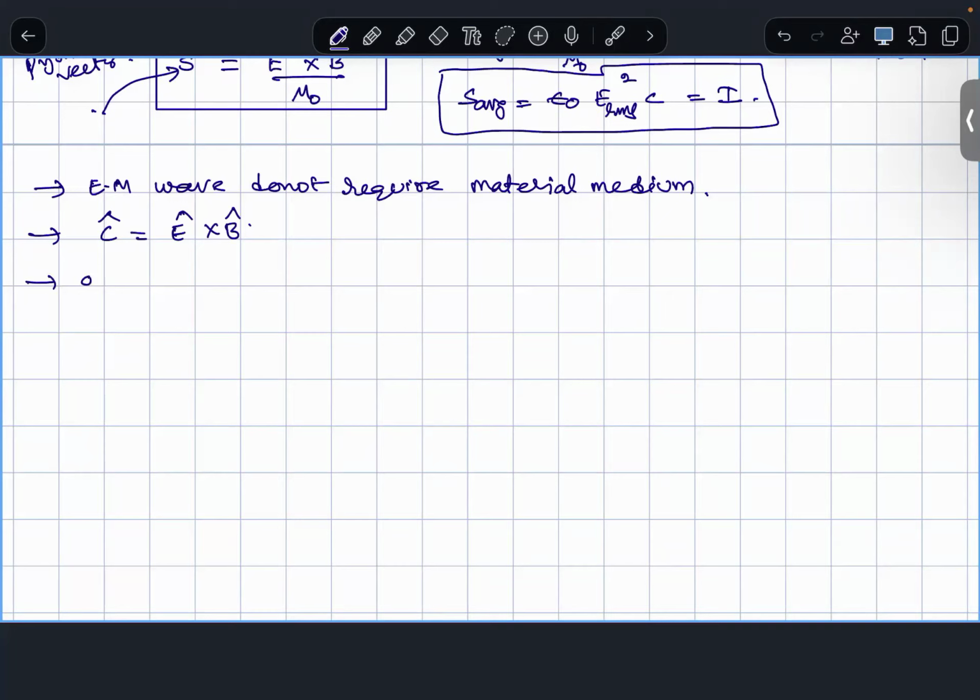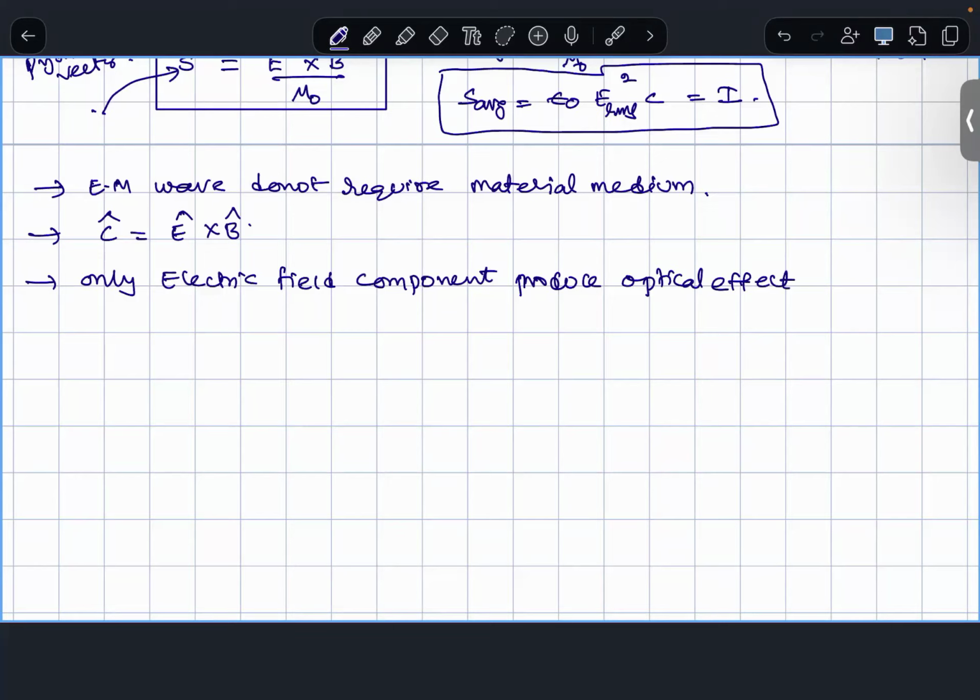Only the electric field component of electromagnetic waves produces optical effect.